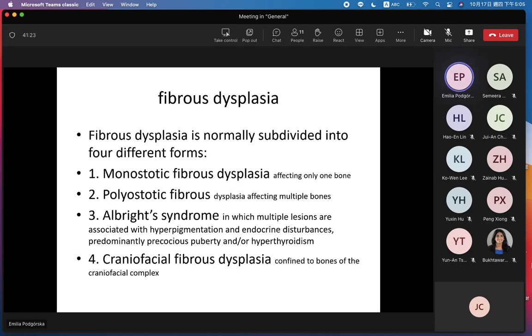Fibrous dysplasia is normally subdivided into 4 different forms: monostotic fibrous dysplasia, affecting only one bone; polyostotic fibrous dysplasia, affecting multiple bones; Albright syndrome, in which multiple lesions are associated with hyperpigmentation and endocrine disturbances, predominantly precocious puberty and/or hyperthyroidism; and craniofacial fibrous dysplasia, confined to bones of the craniofacial complex.